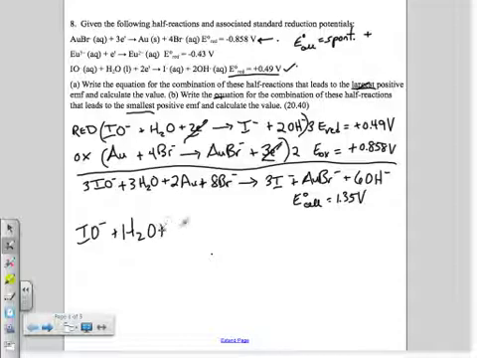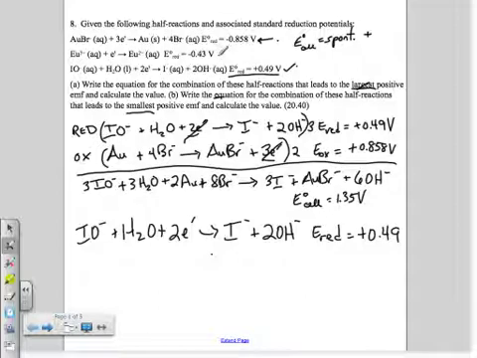So I'm going to rewrite that without the multiplying because I have a new situation here. Now the E reduction is still, of course, positive 0.49. My oxidation is going to be this one, and I'm going to flip that reaction because it's going to be an oxidation instead of a reduction.